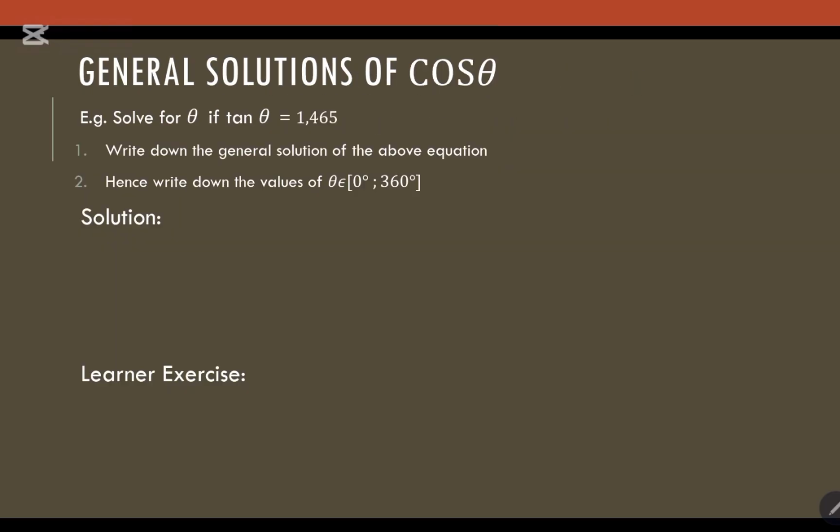Now if you look at this, they say solve for theta if tan theta is equal to 1.465. So this will simply be theta equals the arctan of 1.465 plus k times 180 degrees, and k is an element of integers.